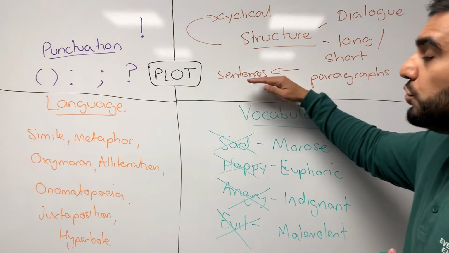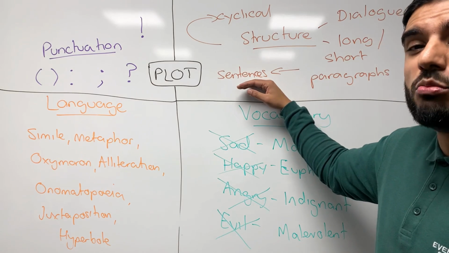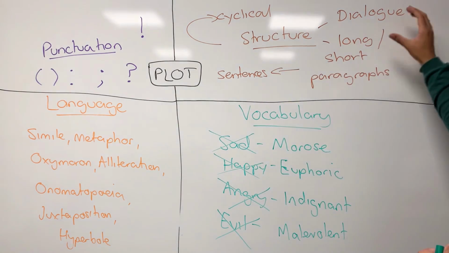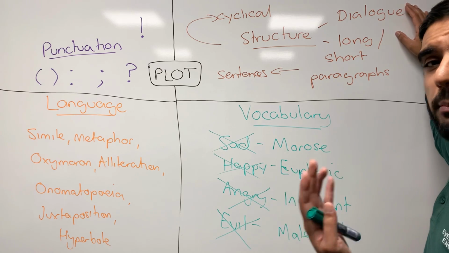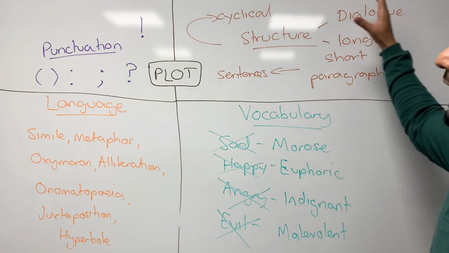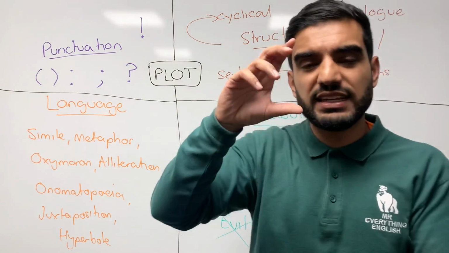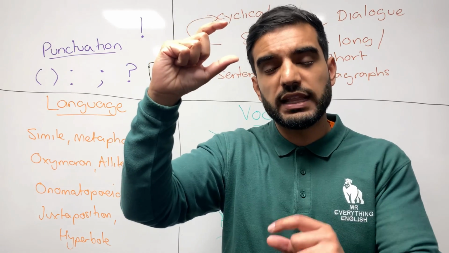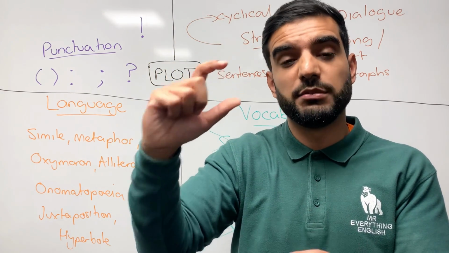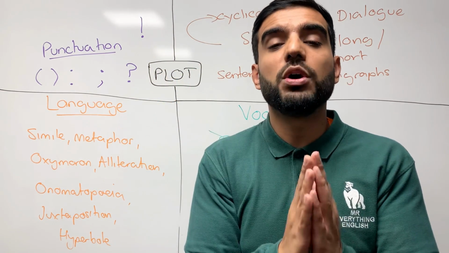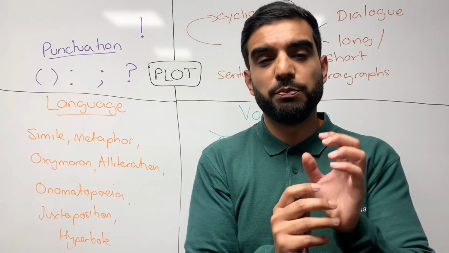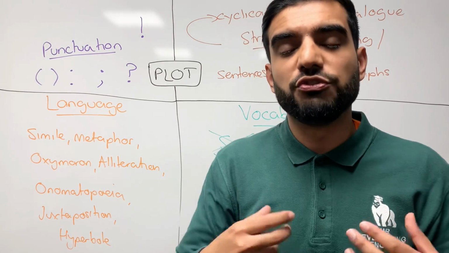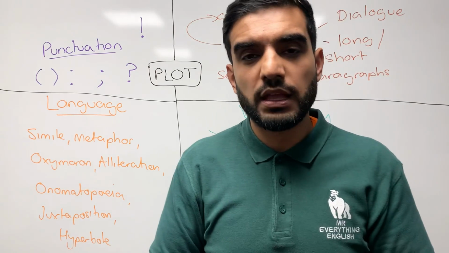You want to have 2 short sentences that are no more than 1 word long. You want to have maybe 2 different examples of dialogue where maybe your character is talking. And you want to try to have a cyclical structure where the opening and the ending of your story is similar. Guys, this is what you must do to ensure you get a very good grade for paper 1, question 5, which is writing a story.